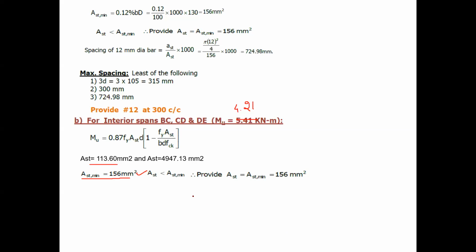Okay. Is that clear for everyone? Yes, sir. Next, take down spacing of 12 mm dia bar. Spacing of 12 mm dia bar is equal to small ast by capital AST into 1000.